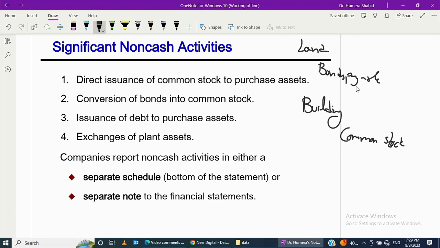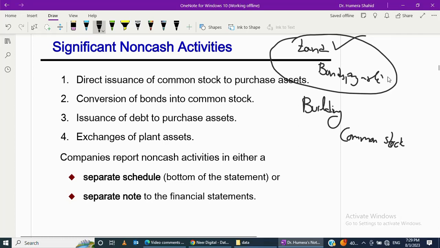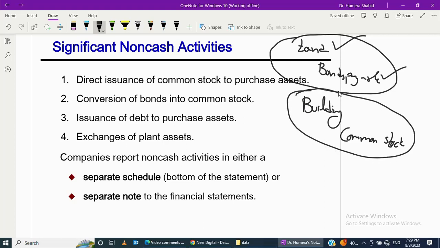So if you see this journal entry, debit and credit do not include cash. Land will increase, bonds payable will increase, but there is no cash. Building will increase, common stock will increase, but there is no cash. Right? So such activities are not part of the cash flow statement itself. They become a note in the cash flow statement.